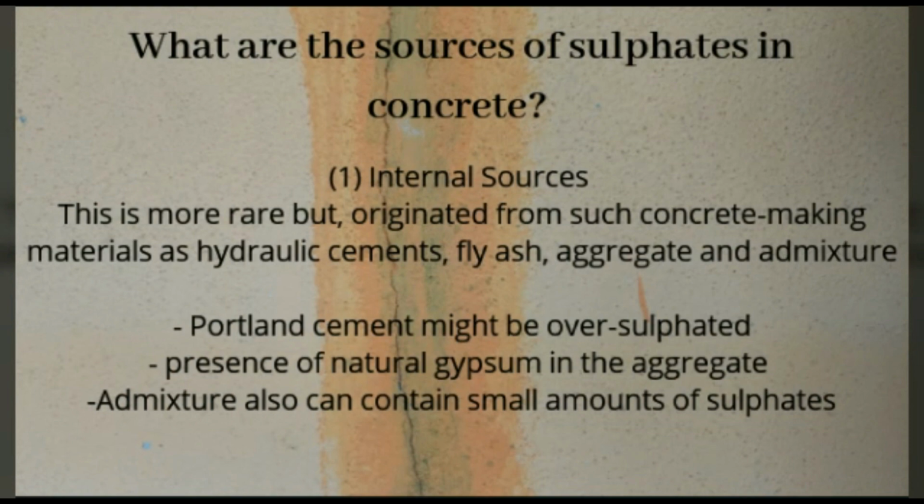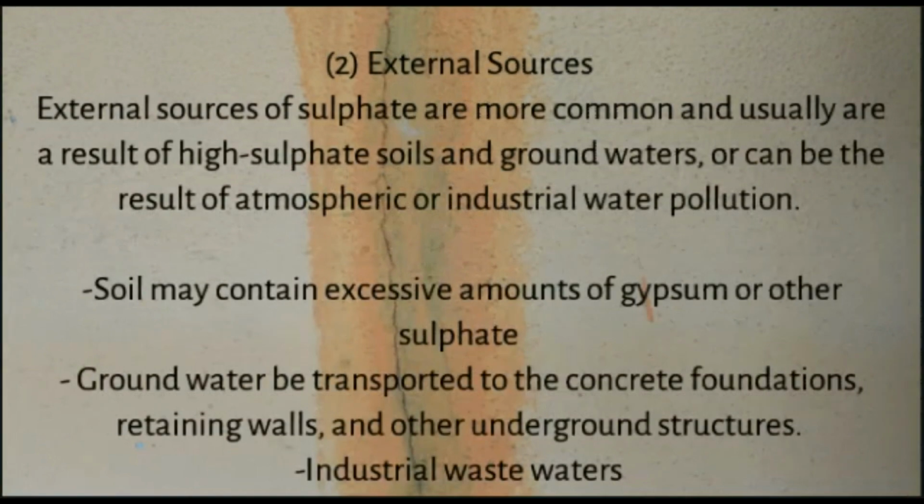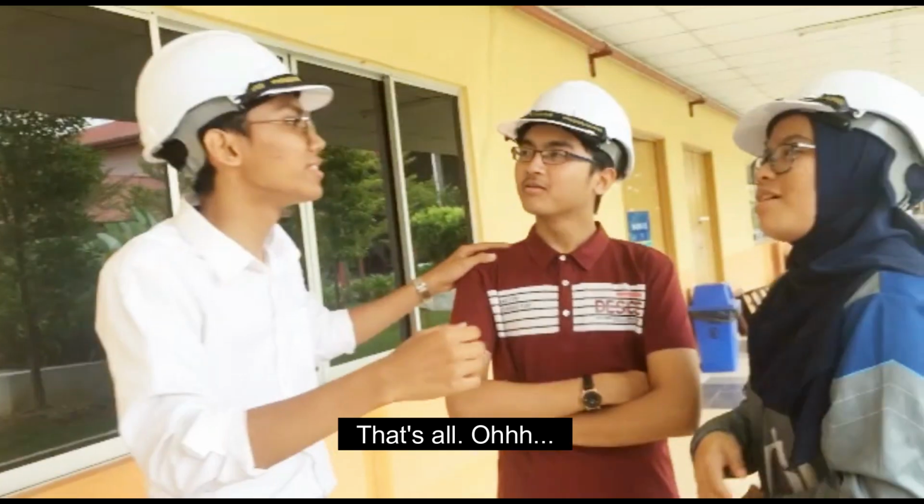Admixtures can also contain a small amount of sulphate. Second, external sources. External sources can be the result of atmospheric or industrial water pollution. Soil may contain excessive amounts of gypsum or other sulphate. Groundwater can be transported to the concrete foundation, retaining wall and other underground structures. Industrial wastewater.